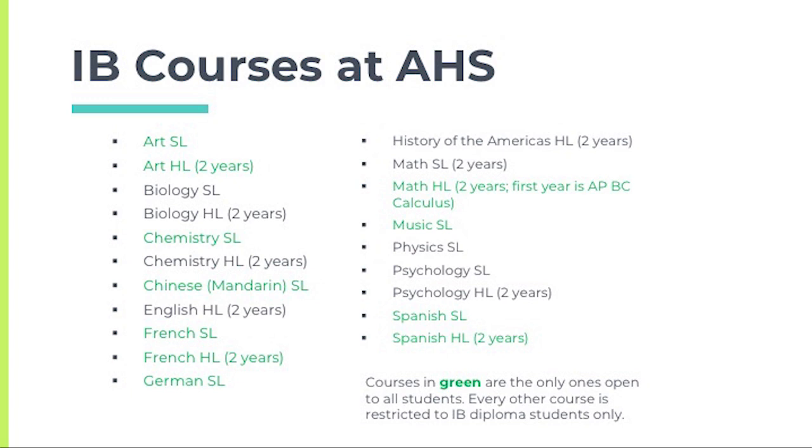An HL class requires 240 teaching hours and always spans 2 years. So this is an overview of our IB courses. Our academic planning guide, which is the document that governs all of our policies and has every prerequisite listed for every course as well as a course description, can give you far more detail about these courses should you be interested in them.